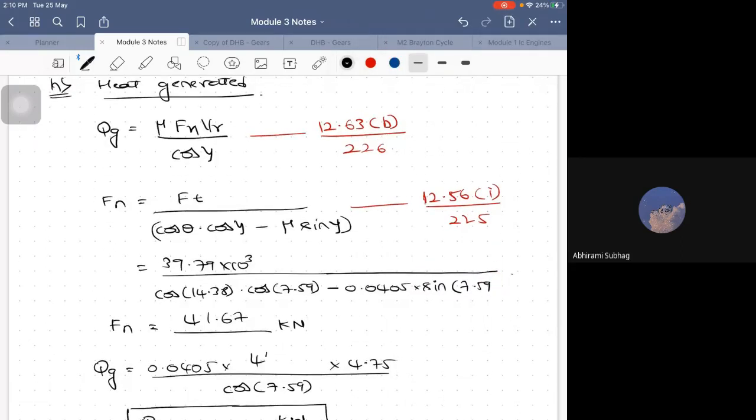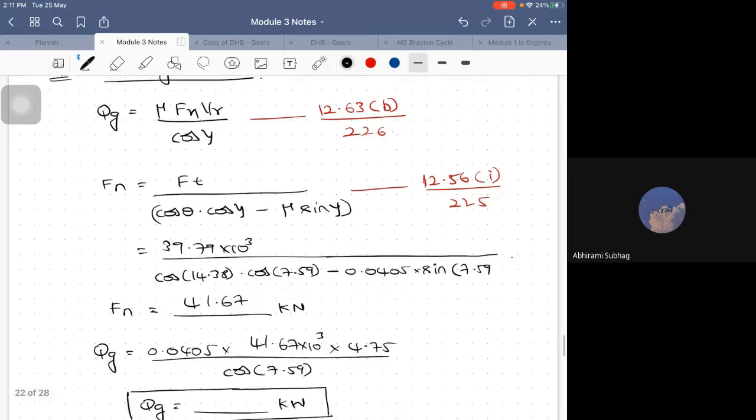So just substitute in 41.67. Here you have to substitute in newtons there. So what is the value of Qg?